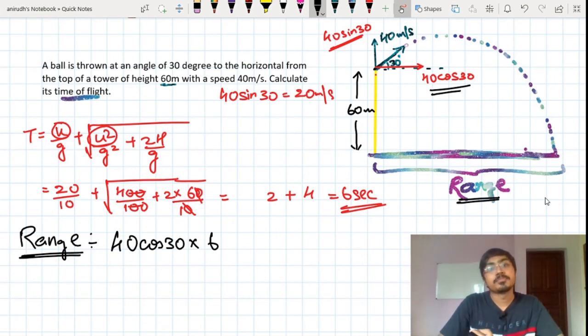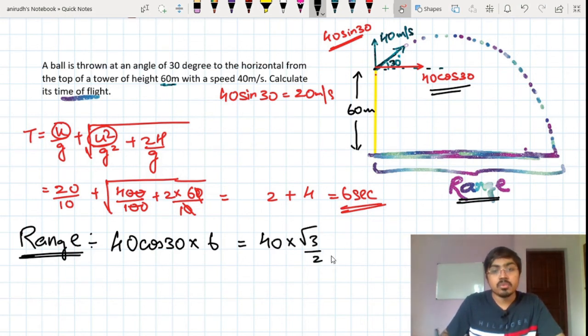So what will you do? Distance is equal to speed into time. Why? Because velocity is uniform velocity. This is not an accelerated condition, right? So 40 multiplied by cos 30 is root 3 by 2 multiplied by 6. 2 into 3 is 6. This is 120 root 3 meters.